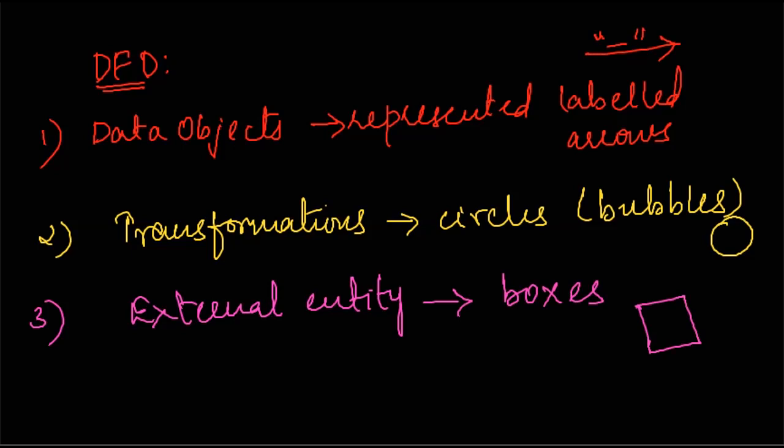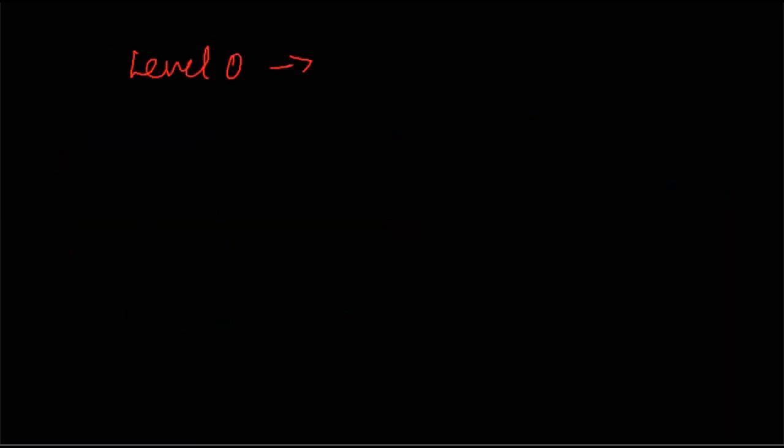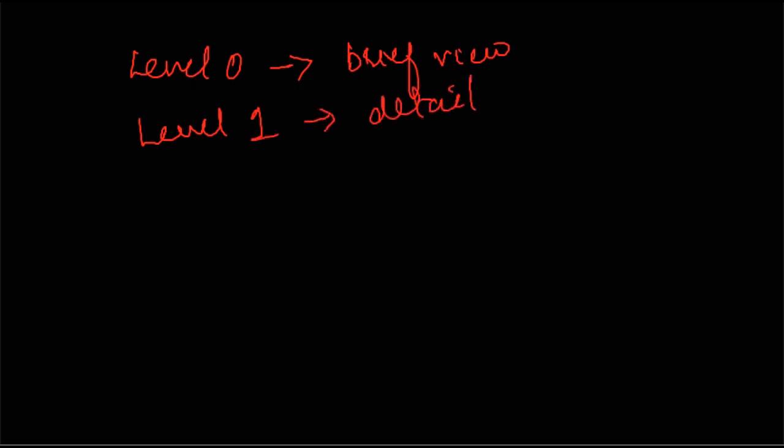Now within this, you're going to have different levels. The level 0 DFD is going to give you the basic representation, a brief view of the system. If you go to level 1, it is going to have some more detail.